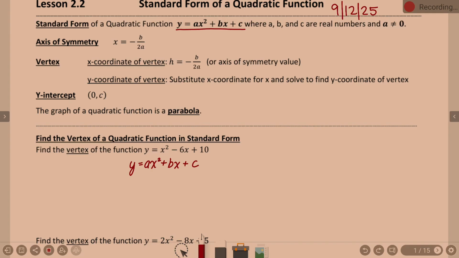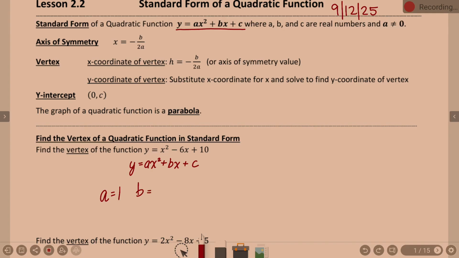Can you tell me your a, b, c? What's a going to be? 1. It's the coefficient in front of x squared, or in this case, the invisible number in front of x squared. So a is 1.